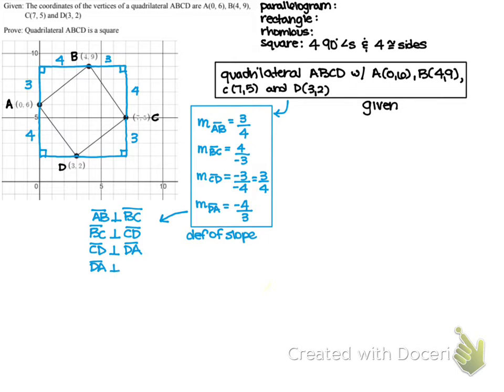DA is perpendicular to AB. Now, the reason why I know this is because of the whole opposite reciprocal business, which is exactly what I'm going to say. A little line segment on top of AB. So I know that perpendicular lines have opposite reciprocal slopes.